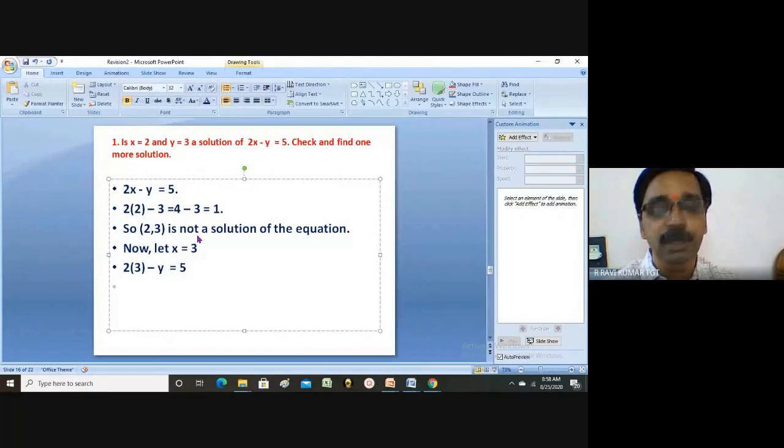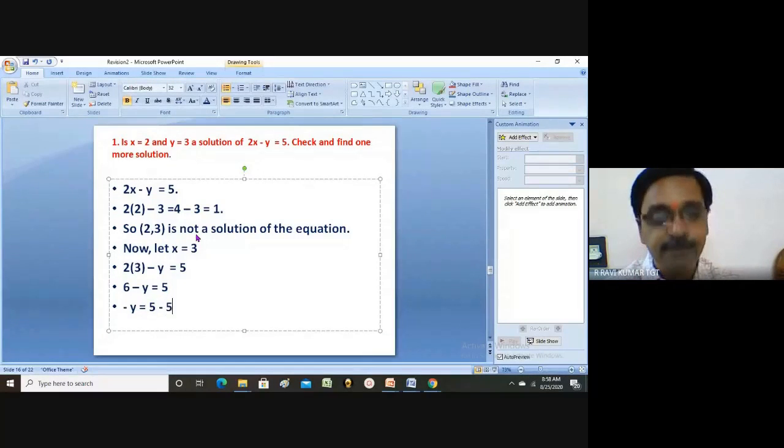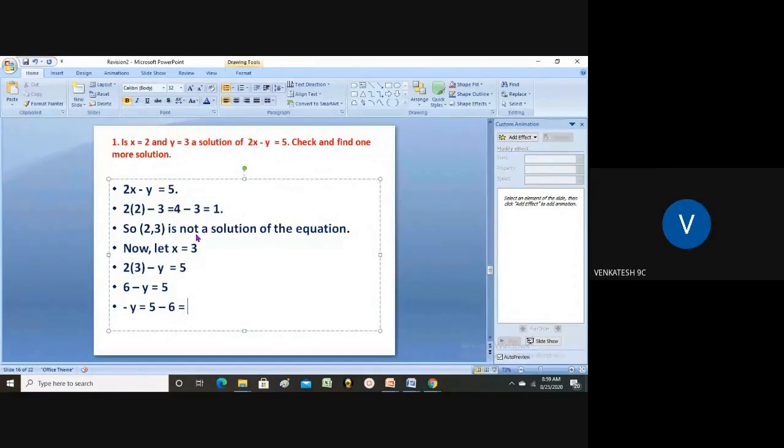6 minus y equal to 5. So minus y equal to 5 minus 6, which is minus 1.